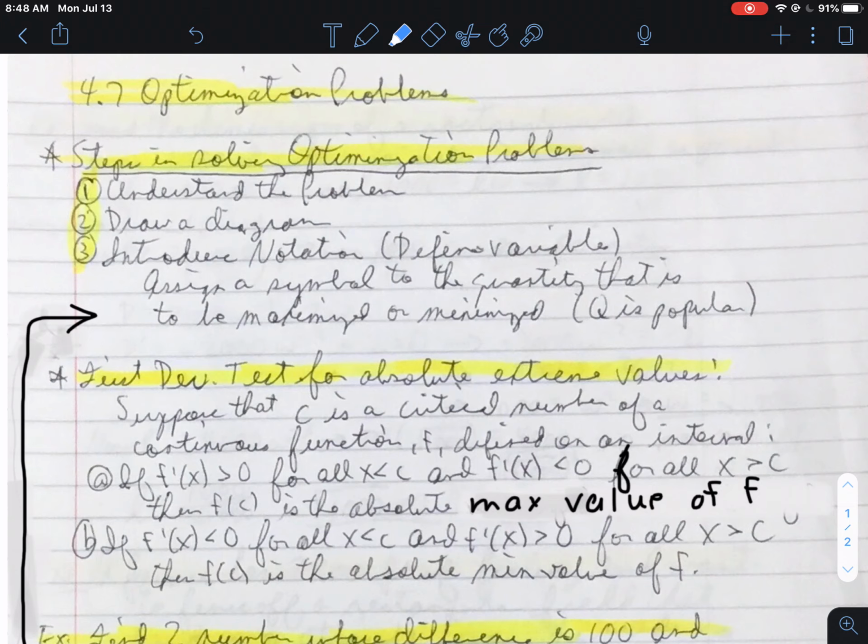First of all, as you would with any application problem, we have to make sure we understand the problem. So read through it a couple times, make sure you get the general gist of it. What exactly is the problem talking about? What are the quantities involved? I always recommend drawing a diagram whenever possible, and you will find that a lot of these, not necessarily all of them, will require or refer to some geometric shape.